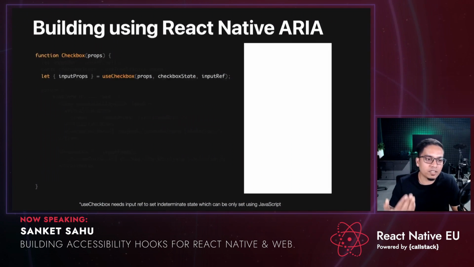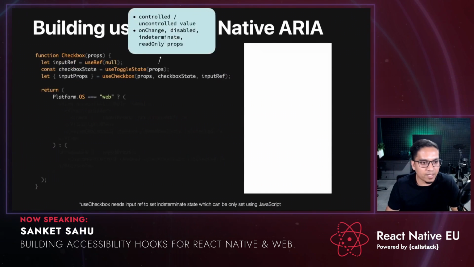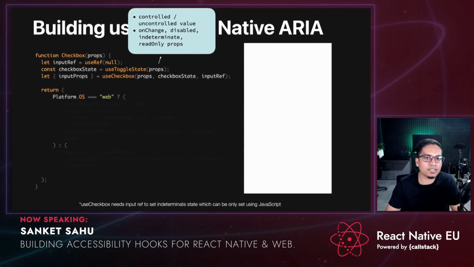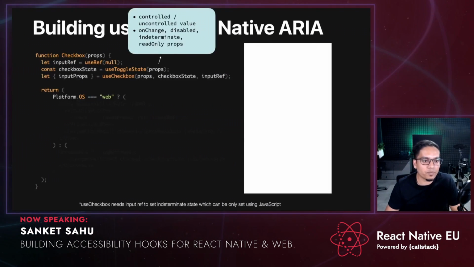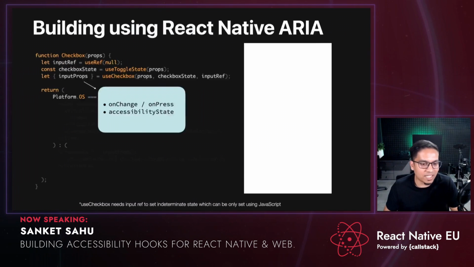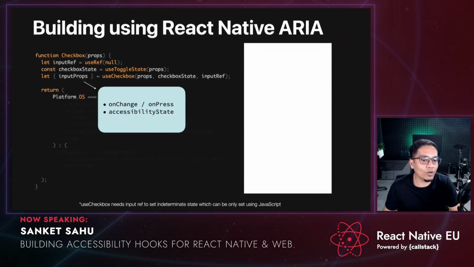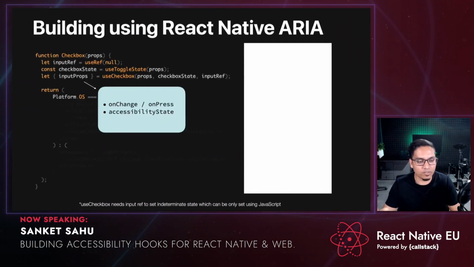We can import useCheckbox from React Native Aria, and then useToggleState from React Stately, and then spread this input props, which has onChange, onPress, and accessibilityState. So depending on the platform, it returns if we need onChange or onPress. onPress works for React Native, and onChange works on the web.